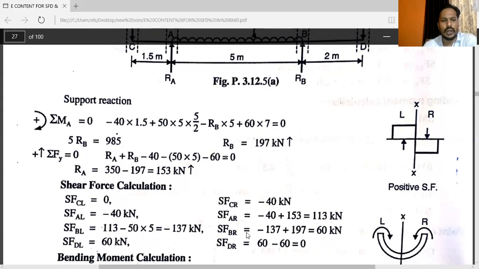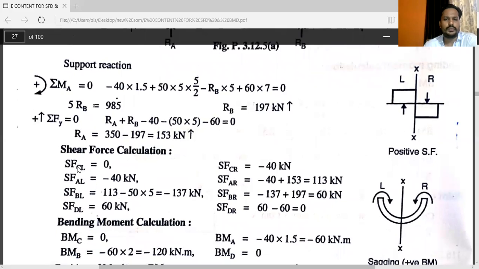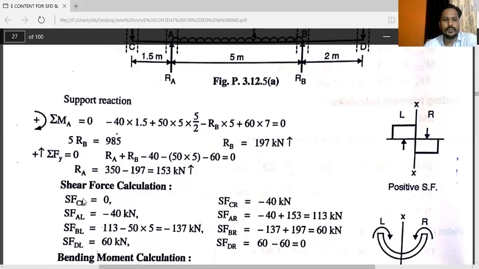As we know how to calculate, here at point C, you have to consider all the left side forces of the section.